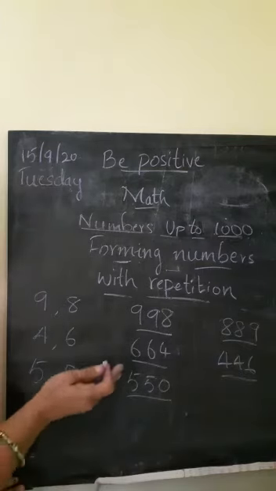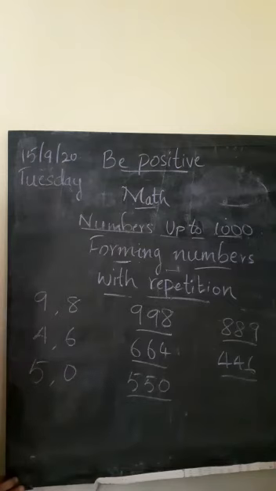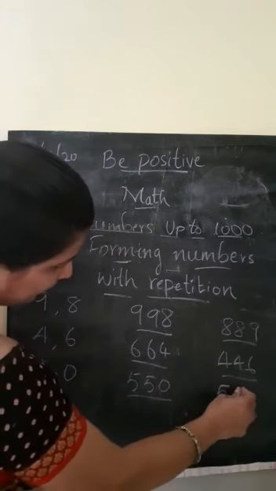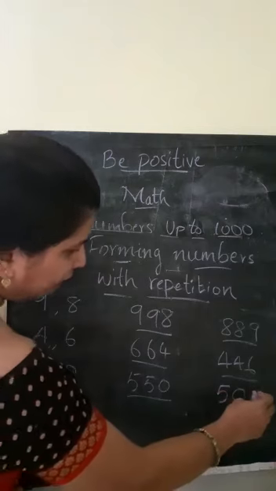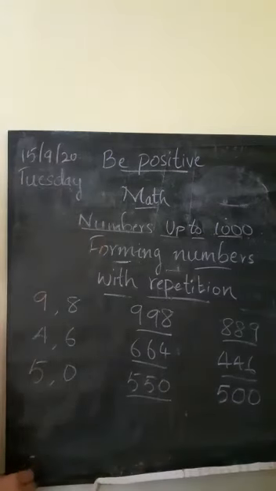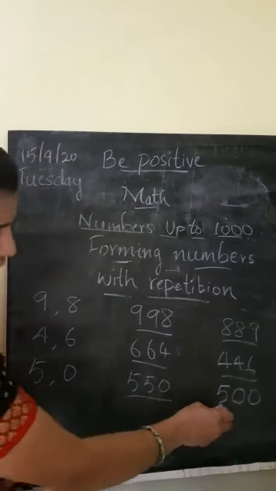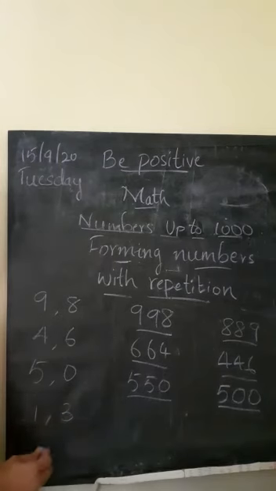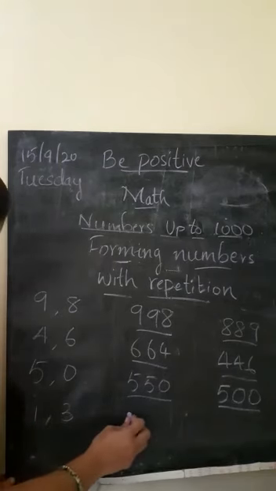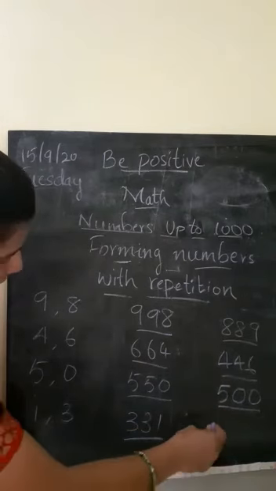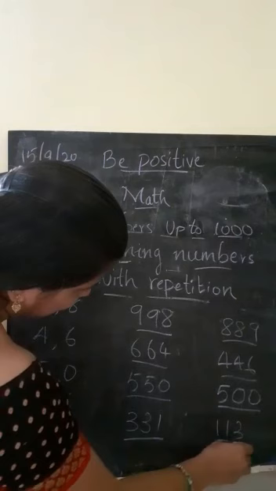We cannot write 0 first. If we write 0, it will become a 2-digit or single-digit number. So we will write the first digit as 5 and the second as 0. And again we will write 0. We repeat 0 twice. So the smallest number is 500. Next, 1 and 3. Here the greatest number will be 331. The smallest number will be 113.